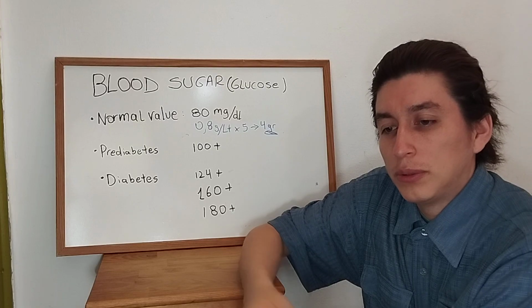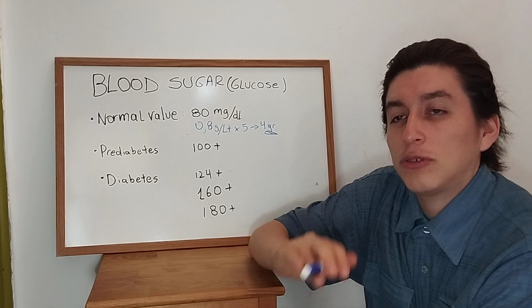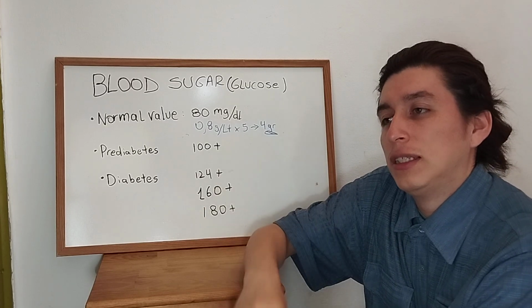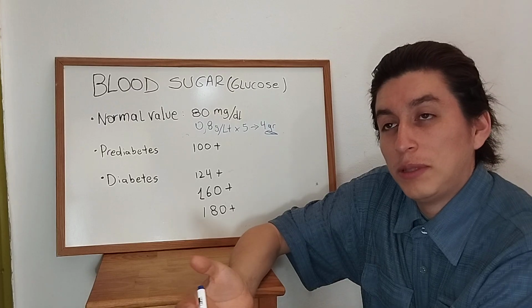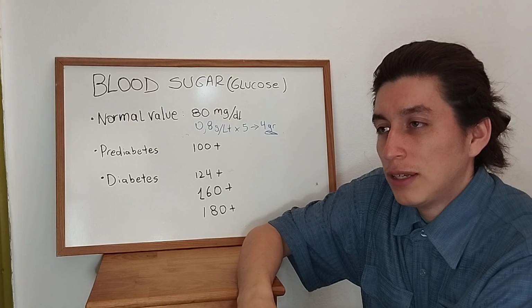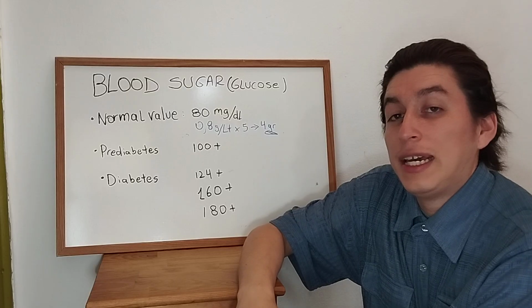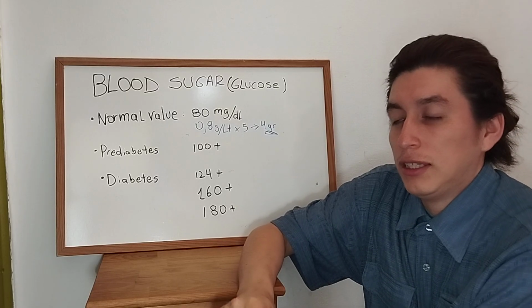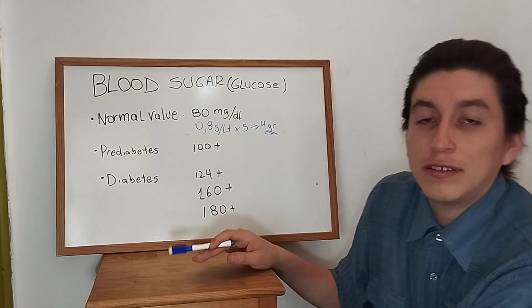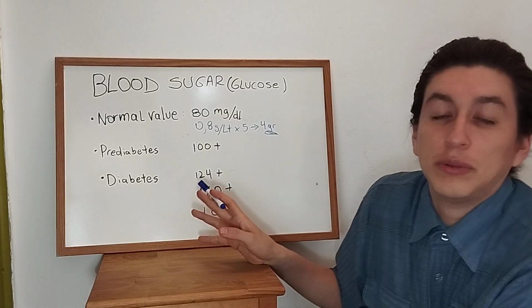But as you may know, these values may change along the day depending on the activities, and even for a diabetic person who is diagnosed with diabetes, the blood sugar is not necessarily staying around 124.